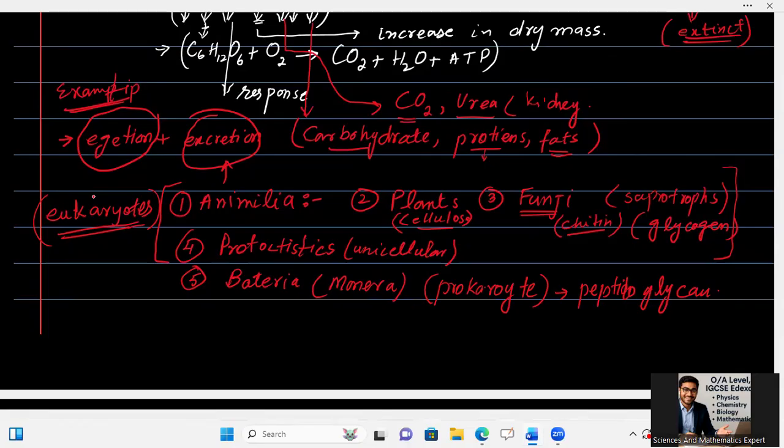And lastly, even though it is not a kingdom, there are viruses. They are not included among the organisms in some cases, though in some cases they have characteristics related to living organisms.